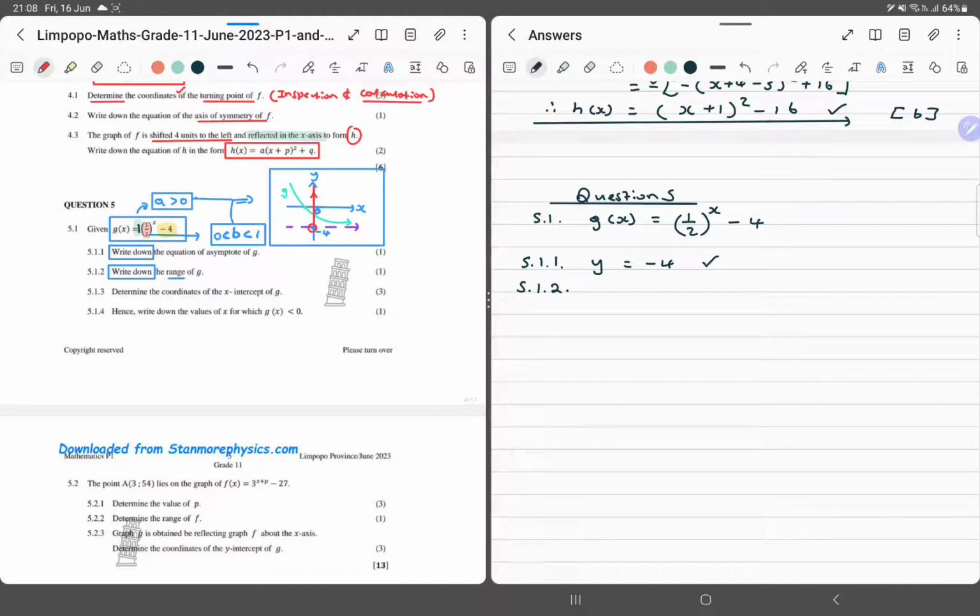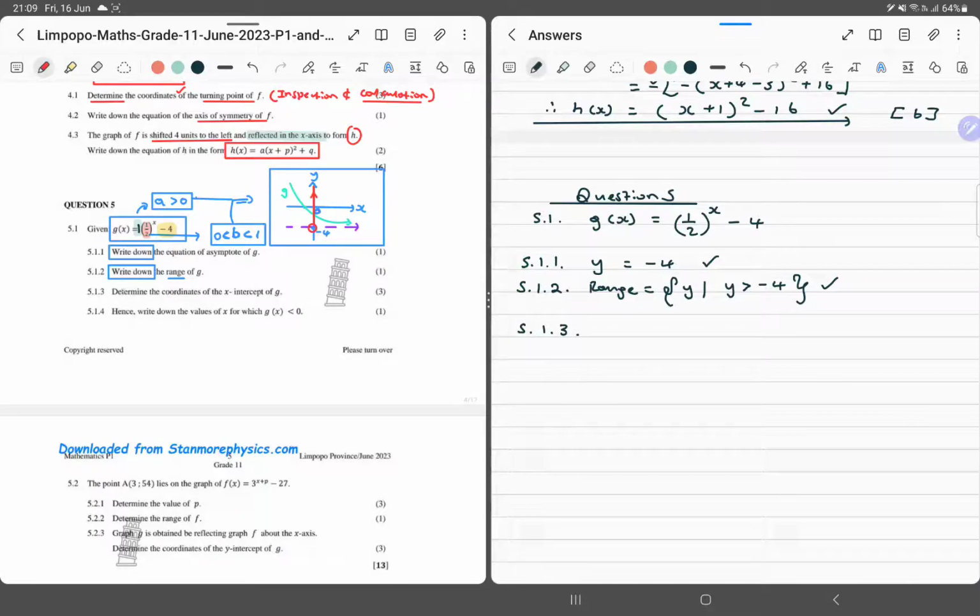So that means y values must be greater than -4. So we can say here the range is equal to a set of y values such that y is greater than -4. That's it. Because it can't be equal to -4. Why? Because that is an asymptote. The graph is undefined. Easy 1 mark.